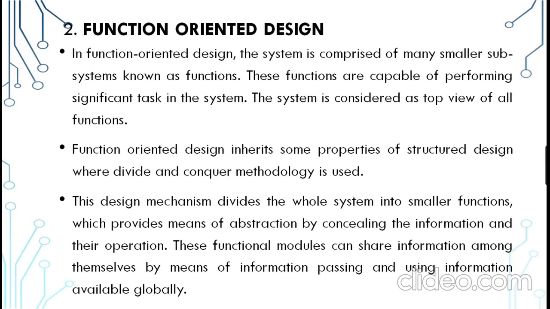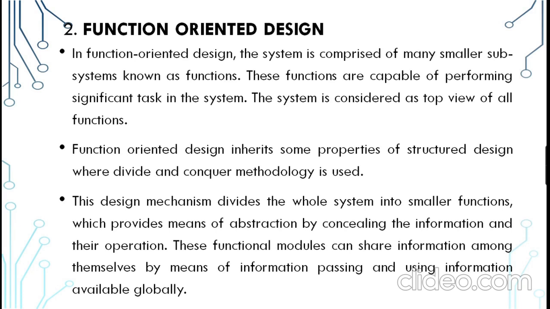The system is considered as the top view of all the functions. So all the functions are included in the system, because the system is divided into smaller subsystems which are known as functions.